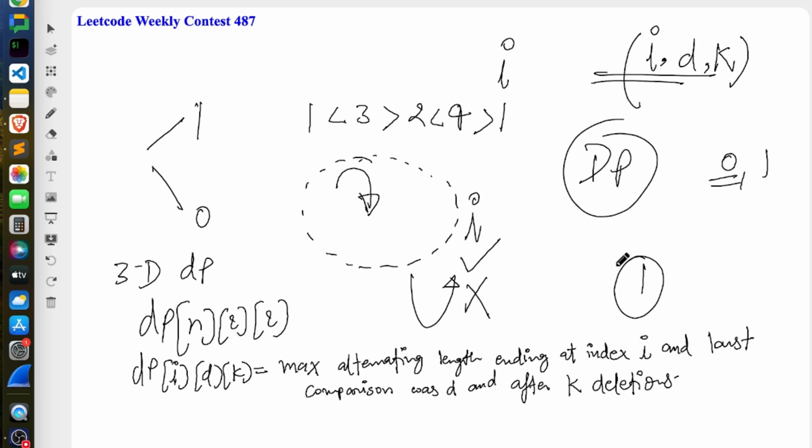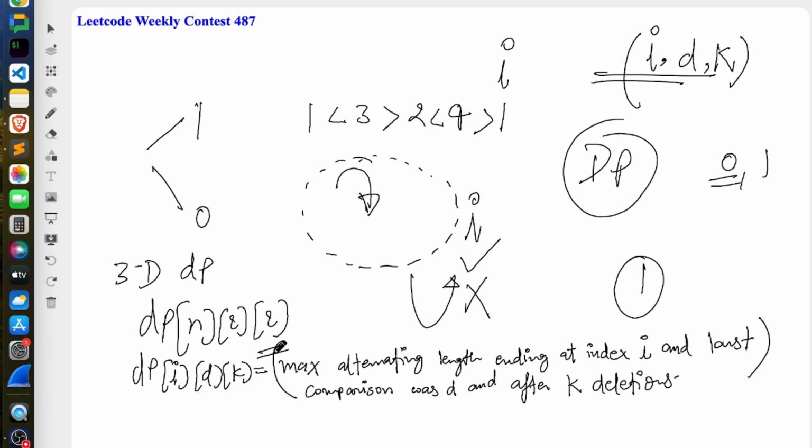See, in any DP problem, the definition is very, very important. If you have a clear and understandable definition, you can solve any problem easily. The difficulty in DP problems only comes in the definition. If you don't have a clear and right definition, then you might have difficulties solving it, right?